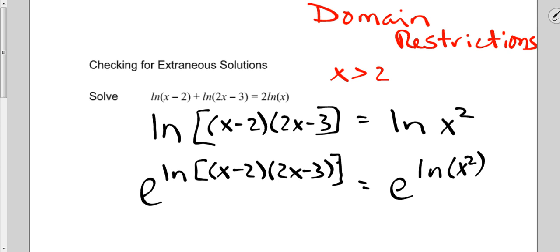And he's right. My question to you is, what property justifies that? What feature does e to the x and natural log of x share with one another? Yes, inverse functions. Kian is on point today.